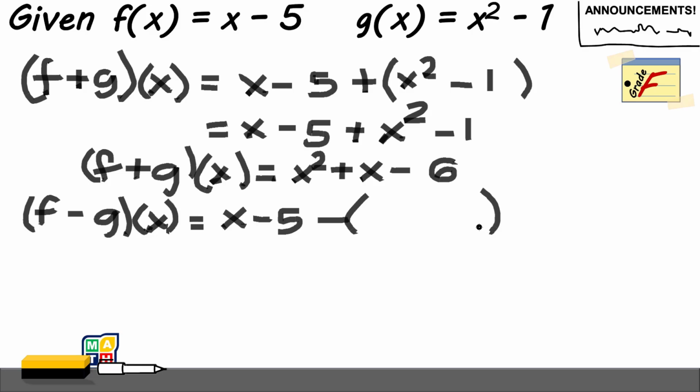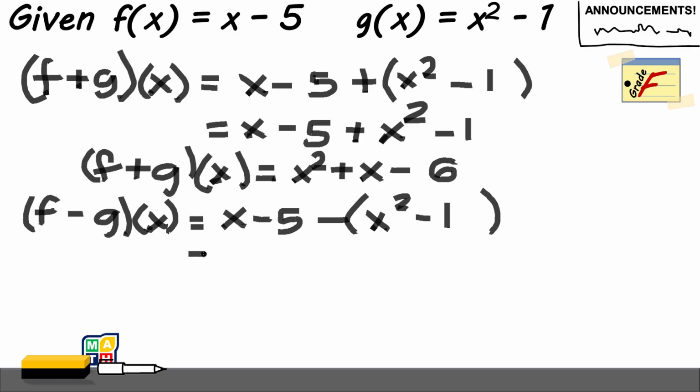Again, in the first process, it did not hurt the result, but here the result will be different if it's without parentheses. And since we are practicing, that's why I advise that in the first process, even if it's plus, we also enclose it in parentheses. You have x squared minus 1.